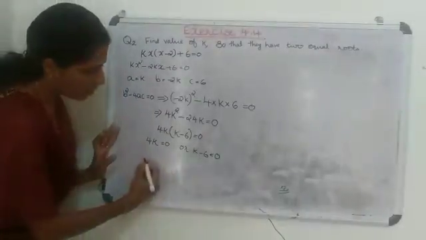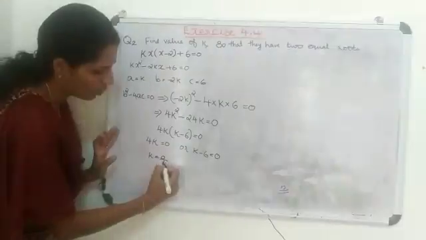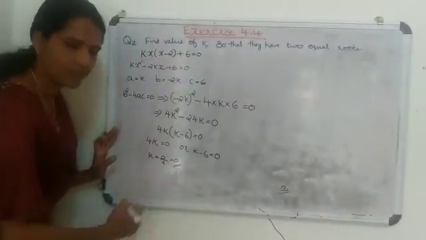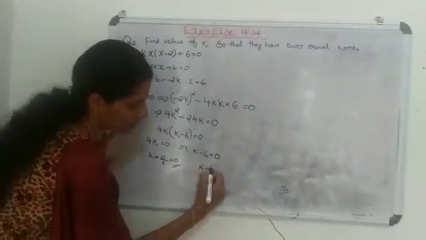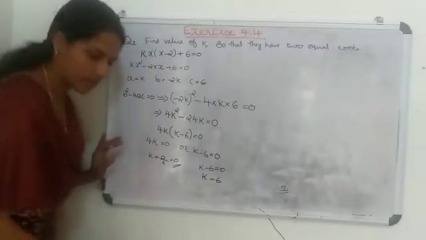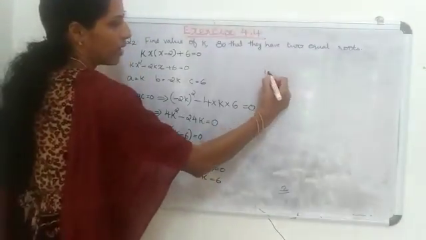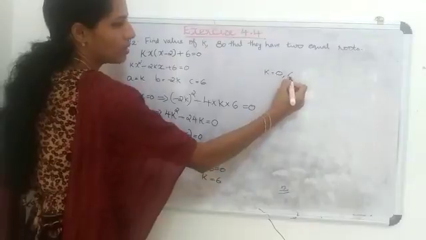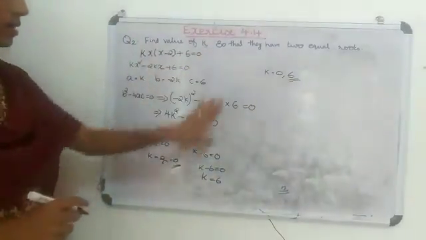If 4k equal to 0, what is k? k equal to 0 by 4, that is 0. If k minus 6 equal to 0, then k equal to 6. So k equal to 0 and 6 are the two values we found here.